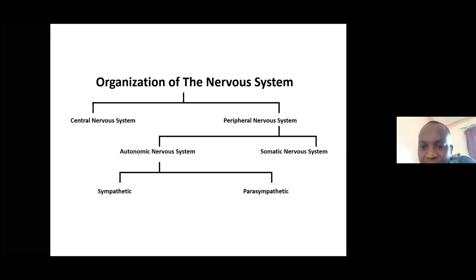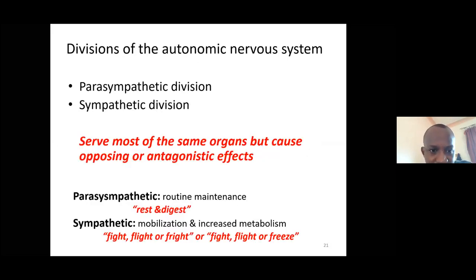Now, another thing to know about the sympathetic and the parasympathetic is the neurotransmitters that are produced at the different ganglia. The best way to think about it is that acetylcholine is the predominant neurotransmitter that is released in most of these nerve endings.